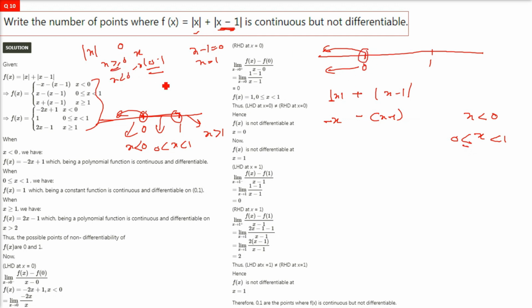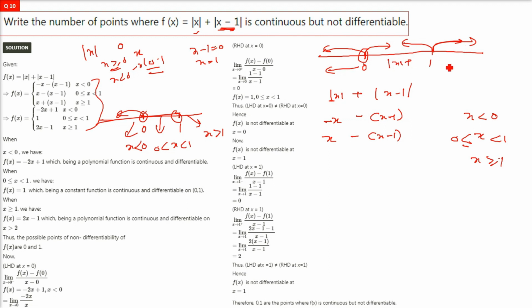Because mod x is all about equality, equal to 0, it will be positive. So when you go up between 0 and 1, mod x becomes positive now, because you are above 0. But you are still below 1, which is the deciding factor for the negativity of x minus 1. So it will be positive x and negative x minus 1. When you go above 1, you are already above 0.